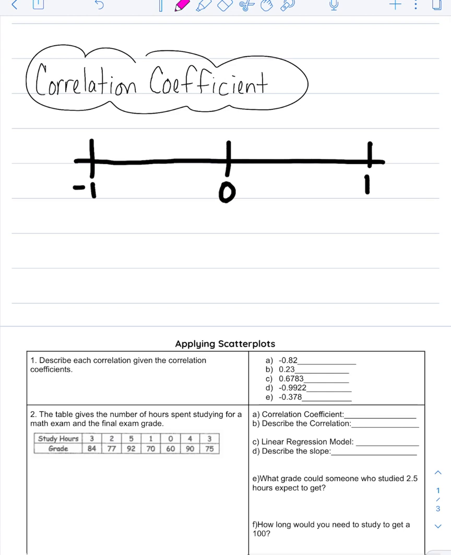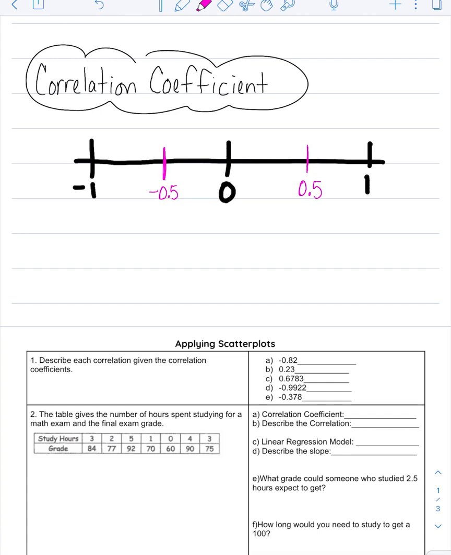So let's talk about how to interpret this. The next thing I want you to do is draw a -0.5 here and a +0.5 here. There's a reason for this. You can see the examples of the correlation coefficients for number 1 below, -0.82, 0.23.